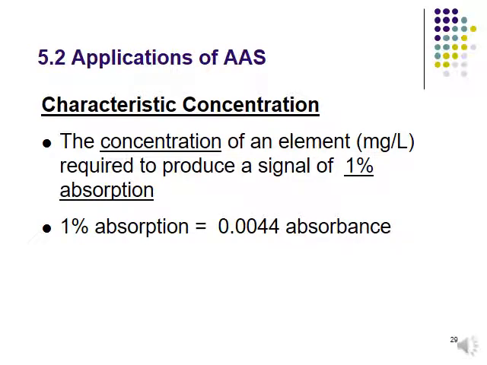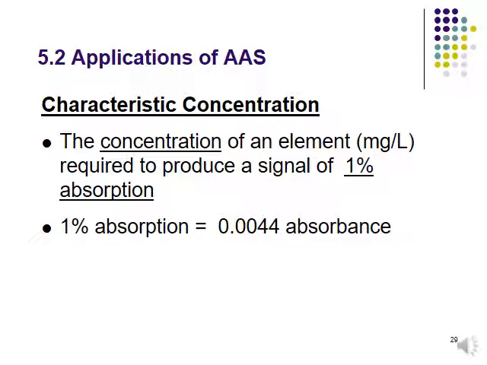Basically we have various values of concentration of our analytes, and we must consider the concentration when we use AAS. The concentration of an element is basically in units of milligram per liter.